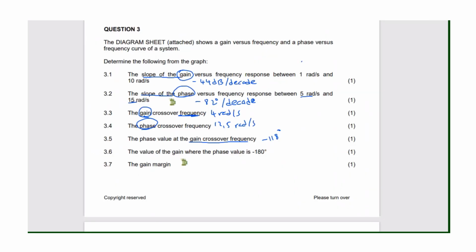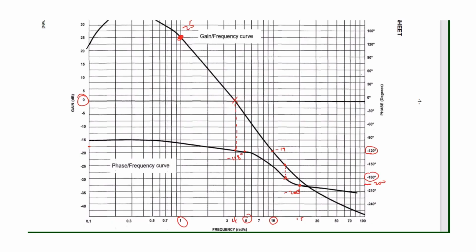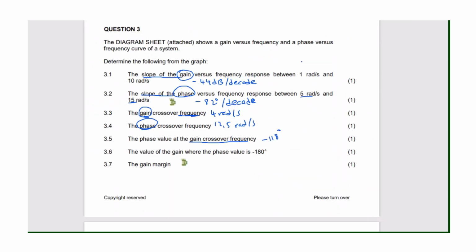If you check the next question, they say the value of gain when phase is minus 180, which is this point. When phase is minus 180, gain is here. It's exactly minus 25 decibels. Now if they asked us to calculate this, gain margin is 0 minus gain.